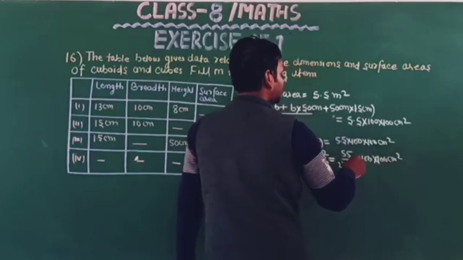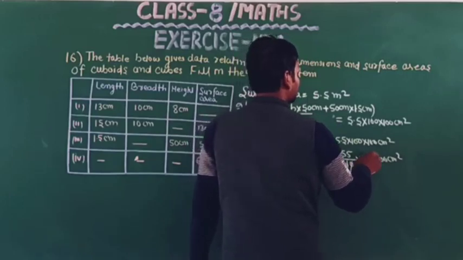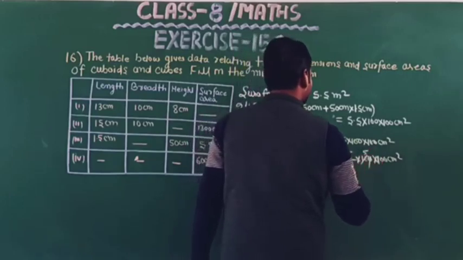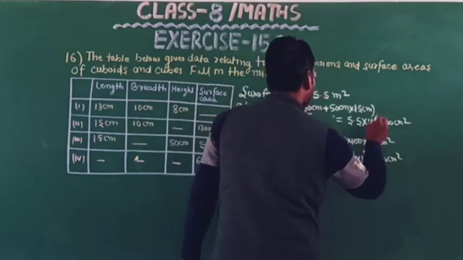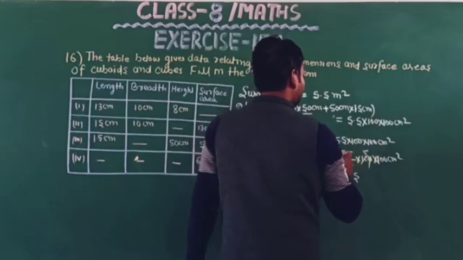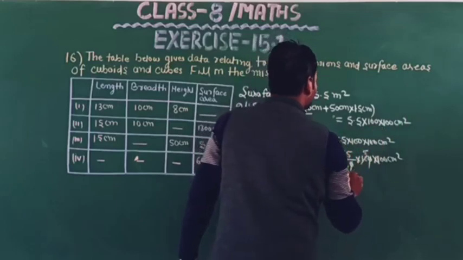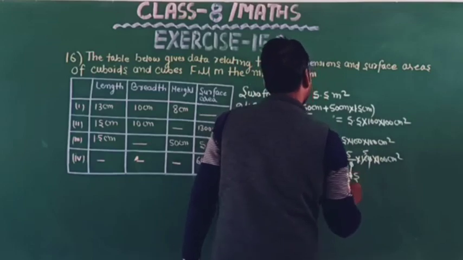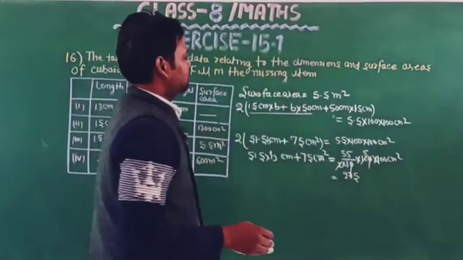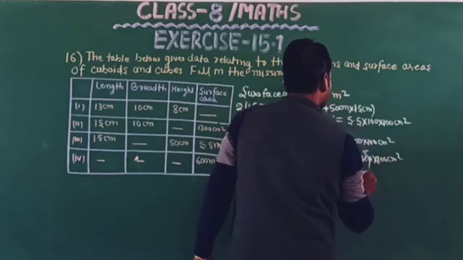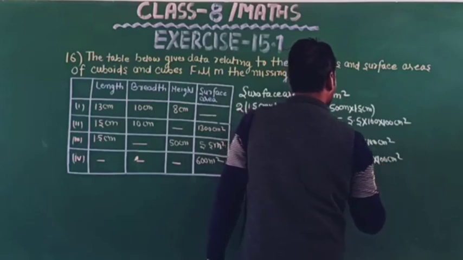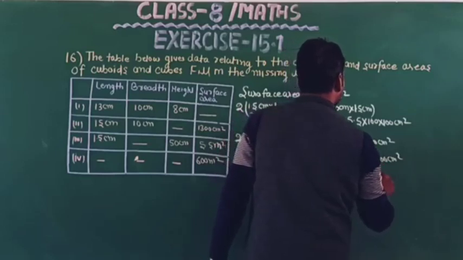So we can cancel 10, and this is 275 into 100 centimeter square.